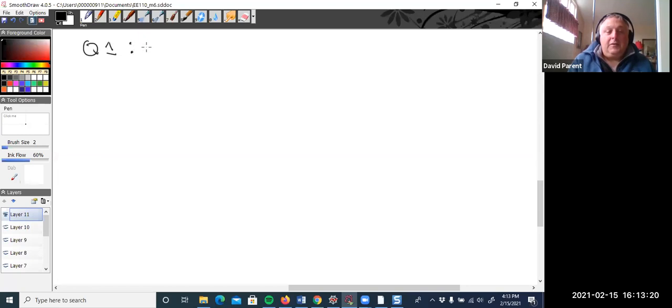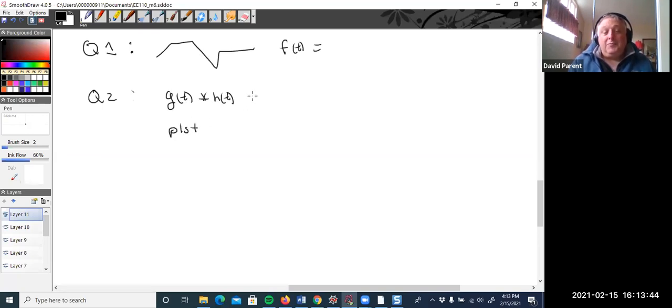Question 1 on the midterm is f of t equals something. You figure it out. Question 2, find this convolution and plot. And you can do it any way you want.